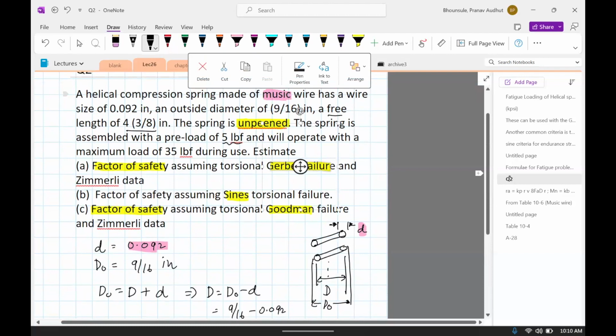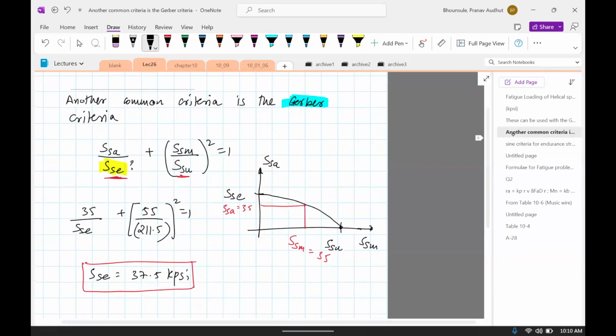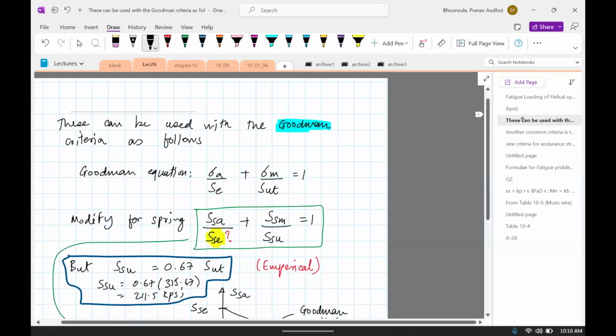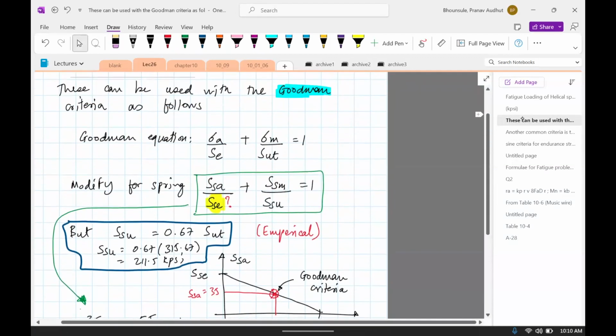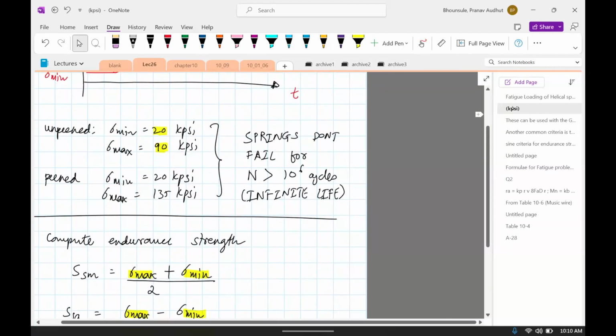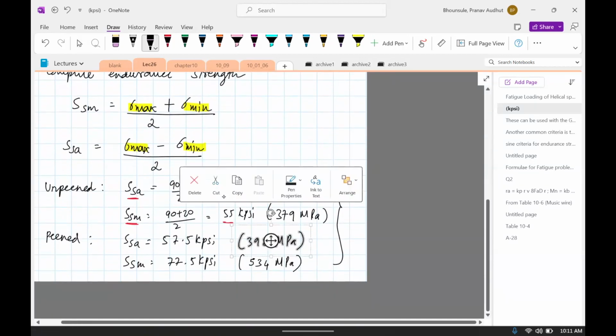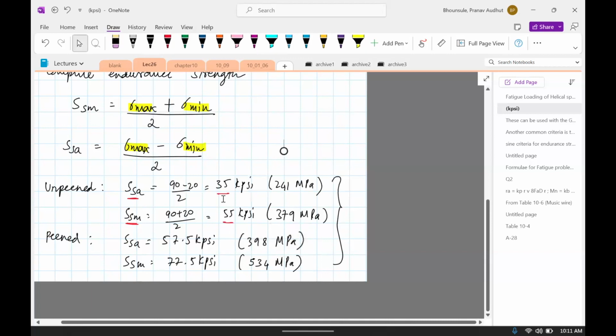Yeah, it's unpeened. So for unpeened, the values for Zimmerli data are right here. Unpeened is 35 and 55 for SSA and SSM.